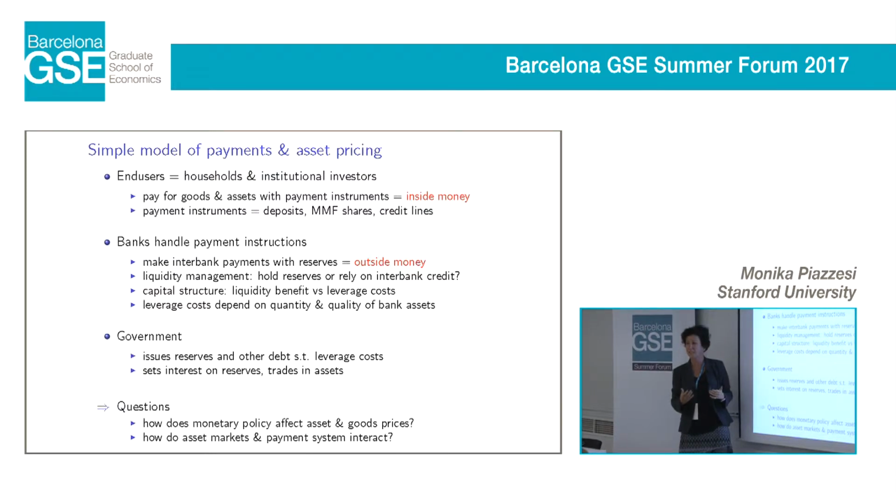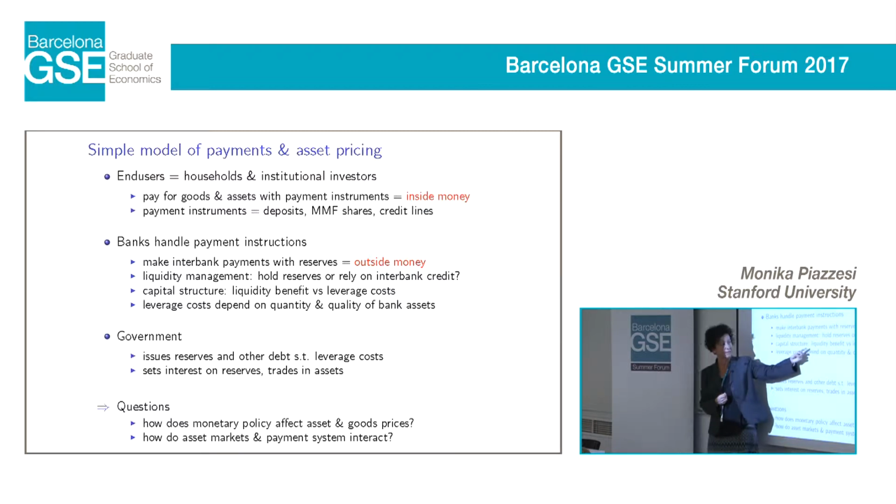One is liquidity management. They have to decide whether to hold reserves or whether to rely on interbank credit, basically borrow the reserve from a different bank. And they have to decide on their capital structure, which means that they have to trade off the liquidity benefit that is associated with the inside money they provide with leverage costs that they face.